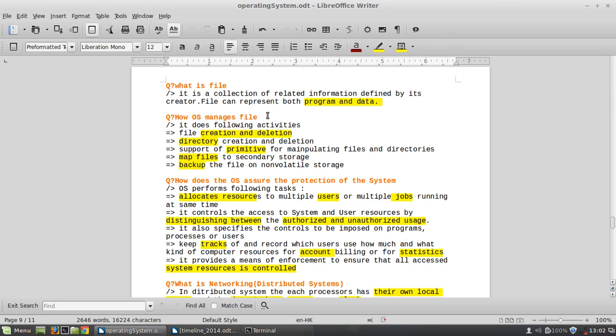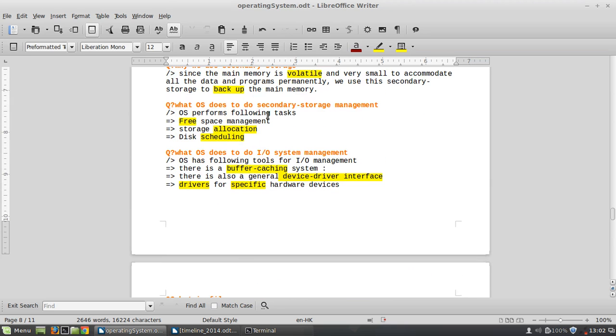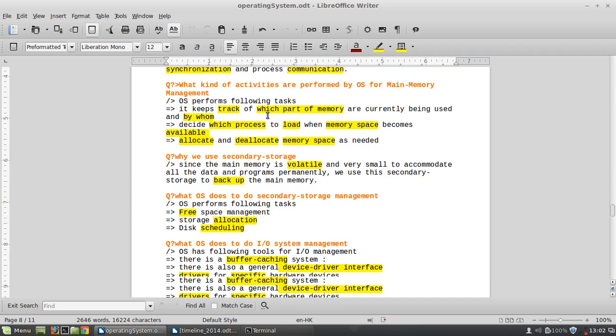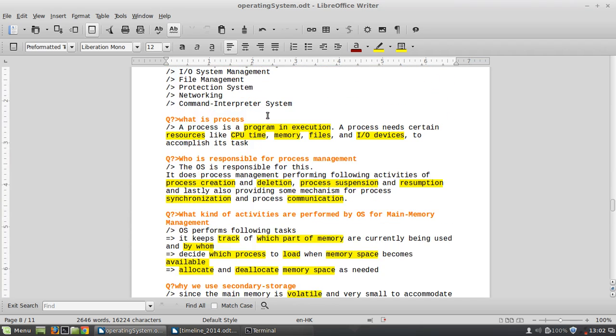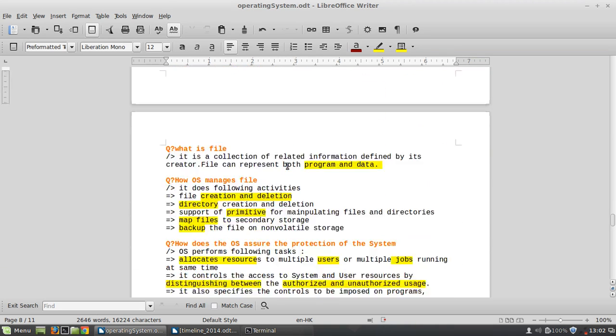So how does the operating system manage this kind of file then? It does the following activities to manage the file. First, as you see above, while managing memory or other things like process management, it created, deleted, suspended, and resumed.